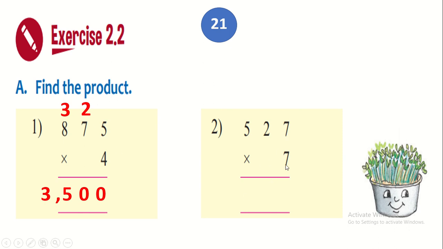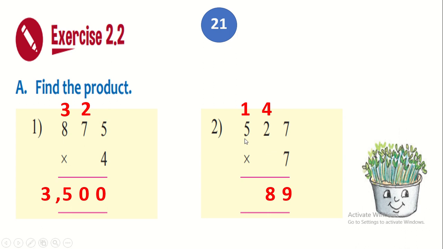Okay, number 2. 527 times 7. First, you multiply 7 times 7 is 49. You write down 9, carry 4. 7 times 2 is 14, plus 4 is 18. You write down 8, carry 1.